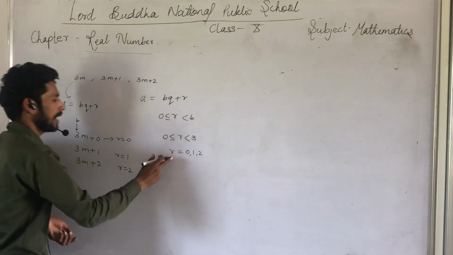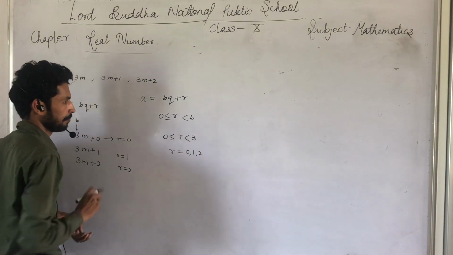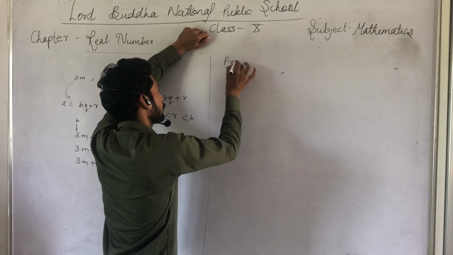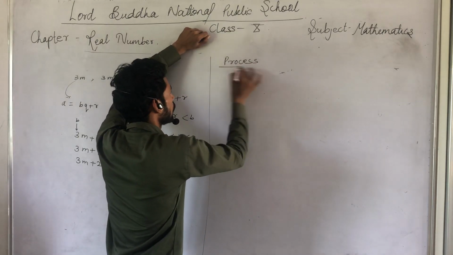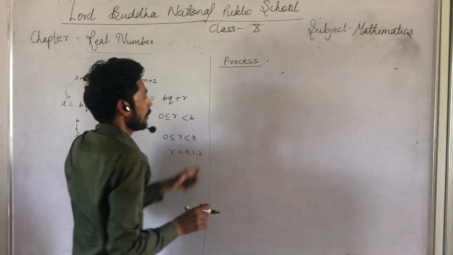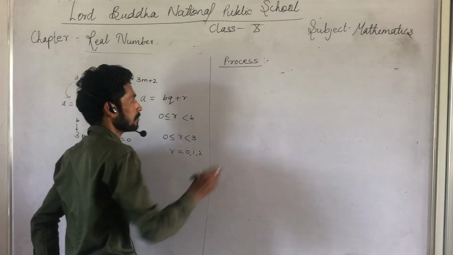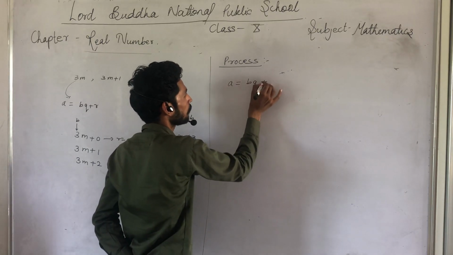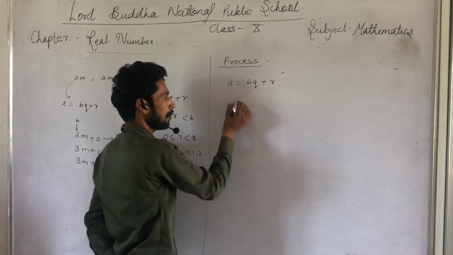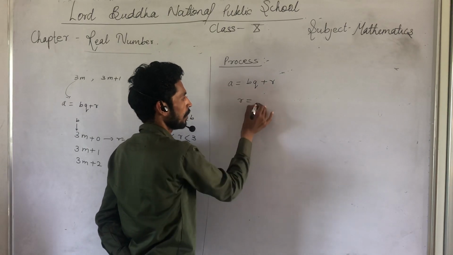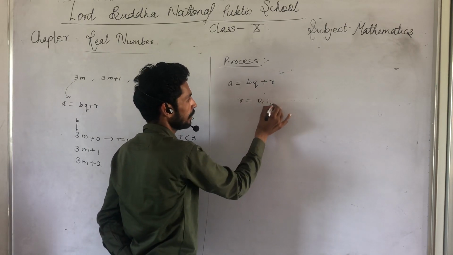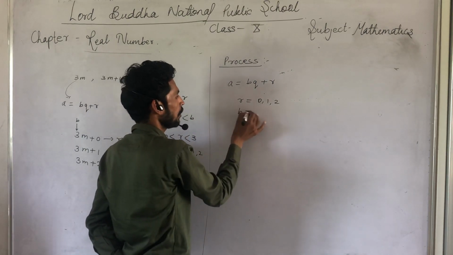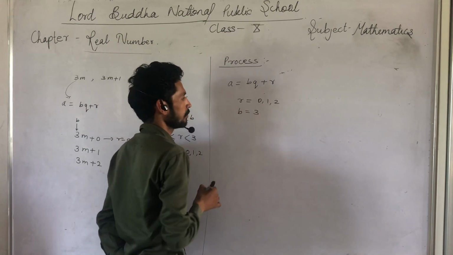So R equals 0, 1, 2. Now in this condition, A equals BQ plus R, where R equals 0, 1, 2. Is that clear? The value of B equals 3.